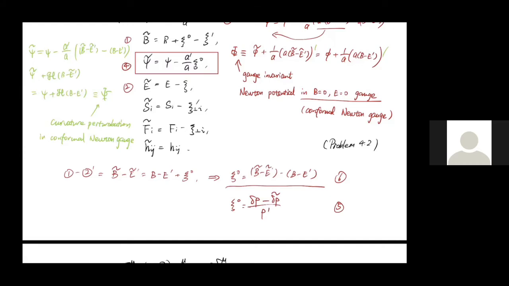So they are the same thing, which gives you that this can be defined as a gauge invariant version of the energy density perturbation. And the physical meaning is that it is the energy density in conformal Newtonian gauge.